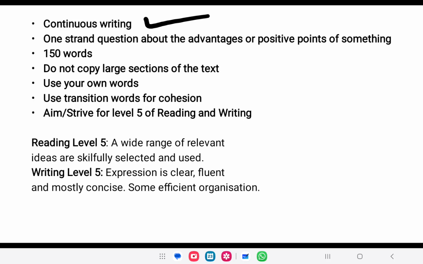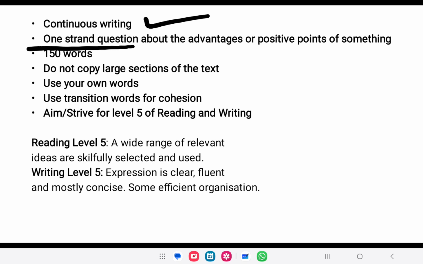The second thing is that it is a one strand question about the advantages or positive points, or here I forgot to add disadvantages, so disadvantages also here. It is going to be a one strand question only. Students still suffer, they do not understand what this one strand thing is.